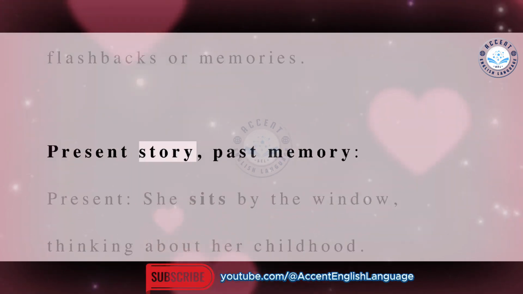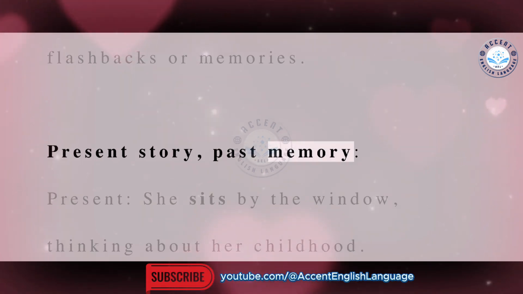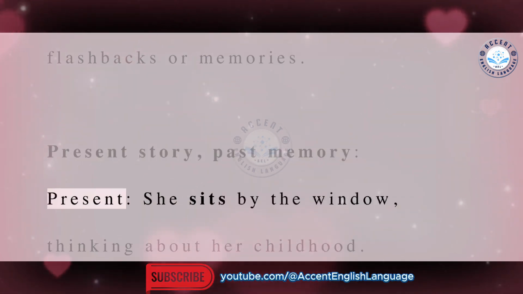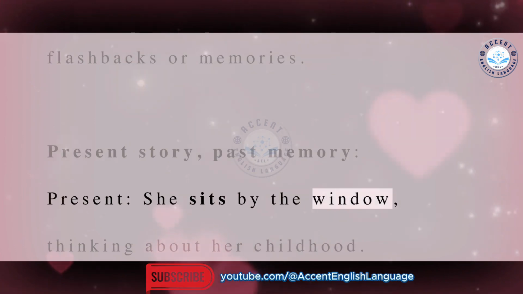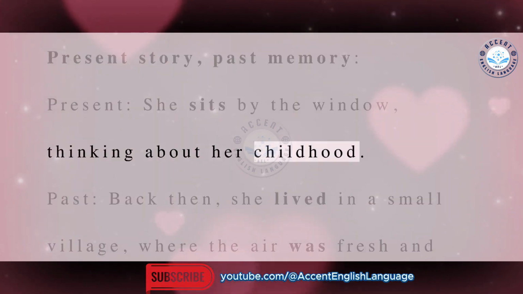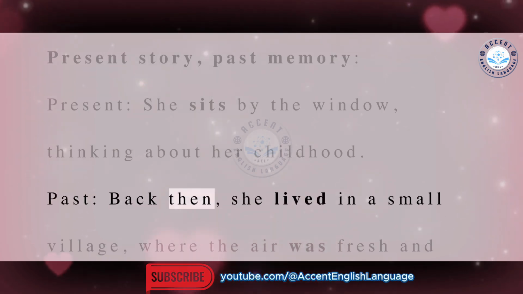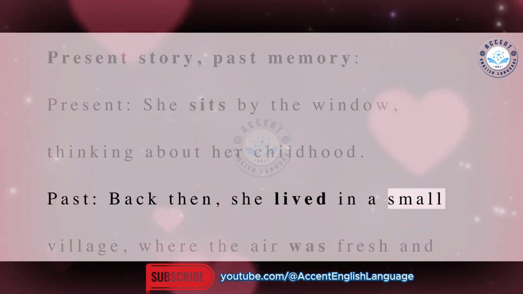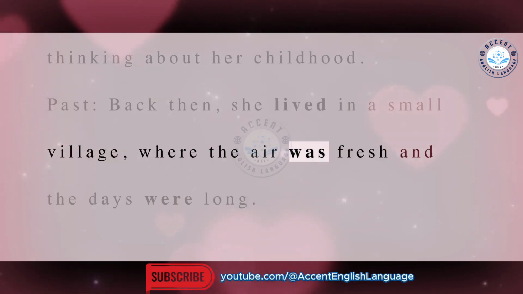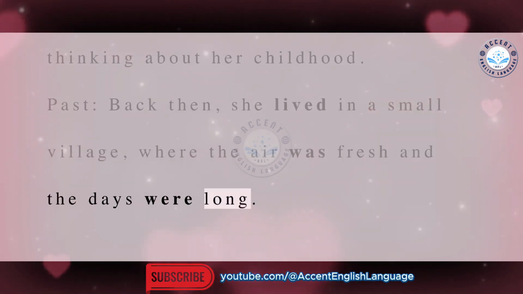Present story, past memory. Present: she sits by the window, thinking about her childhood. Past: back then, she lived in a small village, where the air was fresh and the days were long.